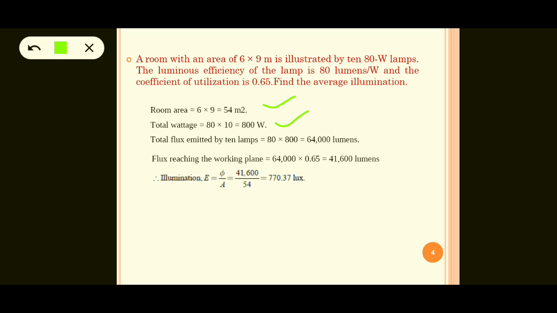The flux emitted by 10 lamps means 80 into 800, so 64,000 lumens. Next, the flux reaching the working plane is equal to 64,000 into the coefficient of utilization, that is 0.65. So the value becomes 41,600 lumens.